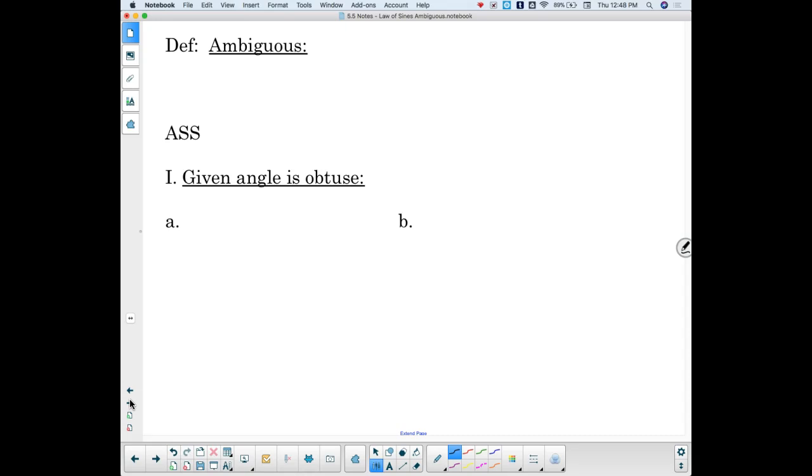Okay, so ambiguous means that you are open to multiple interpretations. I need to know how to spell interpretations.